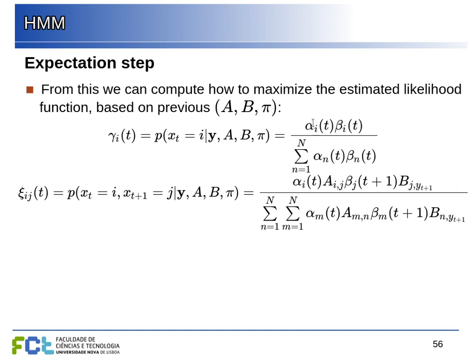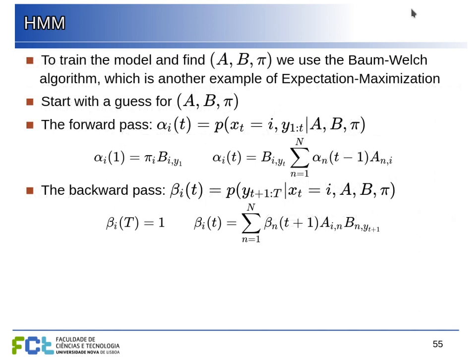This is computed by the product of alpha and beta for t, so basically the product of the probability of being at this state and having the sequence so far, and the probability of having the rest of the sequence emitted if we start at this state at time t.